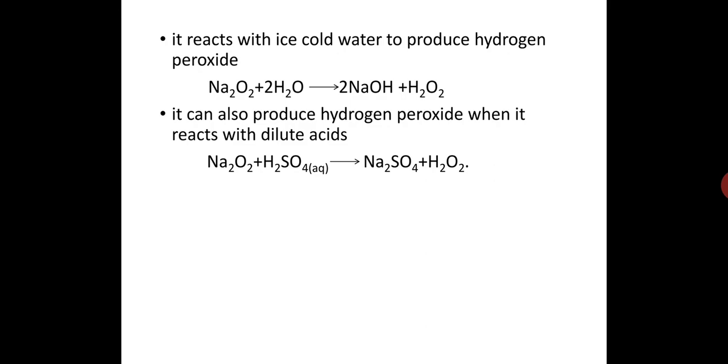The next property is that it reacts with ice cold water to produce hydrogen peroxide. So we can use sodium peroxide to produce hydrogen peroxide when you react it with ice cold water.